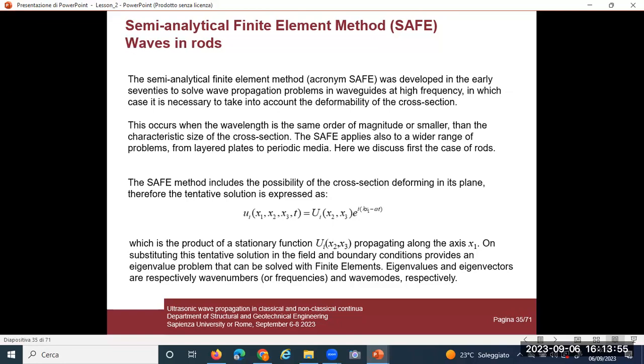The semi-analytical finite element method consists in assuming a tentative solution which has this shape in the case of rods. You see the difference from the previous case, which was for plates.